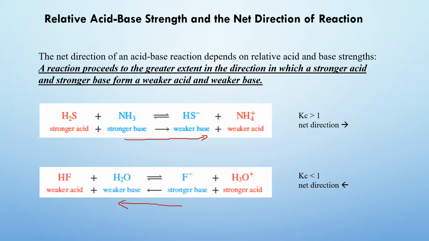The Kc value of the net reaction will determine whether this reaction proceeds to the left or right. If it's greater than 1, it will proceed to the right. If it's less than 1, it will proceed to the left.